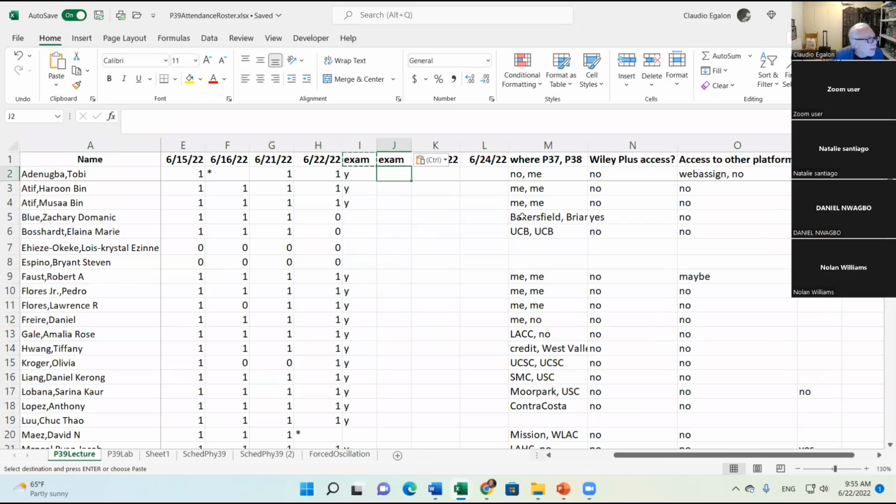Toby, can you still see the exam there in Canvas? Is Toby there? Toby must be away from his computer. I'm gonna put a question mark here. Harun, can you still see our exam there? Yeah. Okay, good. Musa, can you still see the exam there? Yes? Okay, good.